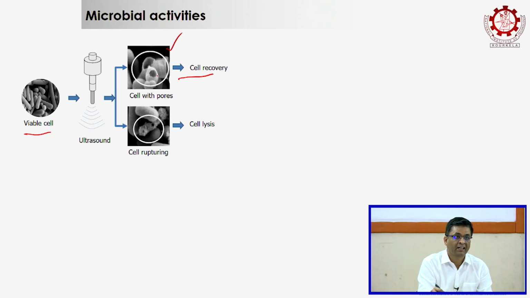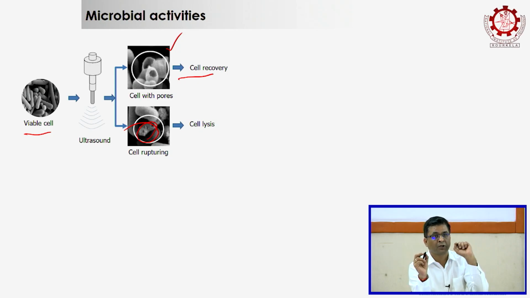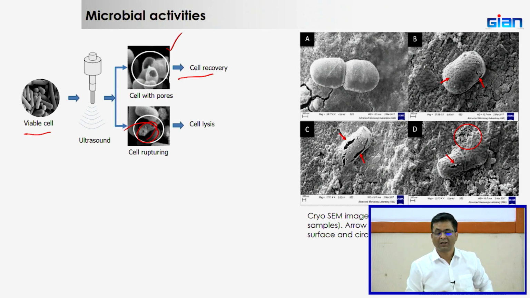It only damages when the pore size is bigger, so that all the cytoplasmic material comes out. There are studies where calibrated pores are made by ultrasonics so that you can transmit DNA, cDNA or specific drugs into the system.